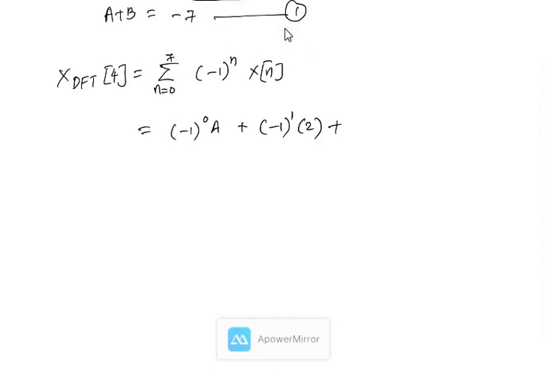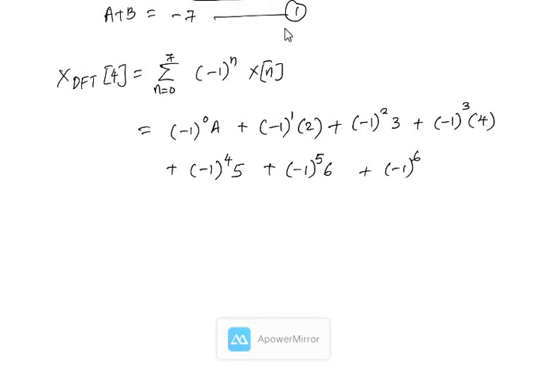Then plus negative 1 power of 2, the value is 3, plus negative 1 power of 3, the value is 4, plus negative 1 power of 4, the value is 5, and negative 1 power of 5, the value is 6, plus negative 1 power of 6, the value is 7, plus negative 1 power of 7, the value is b, the last one.